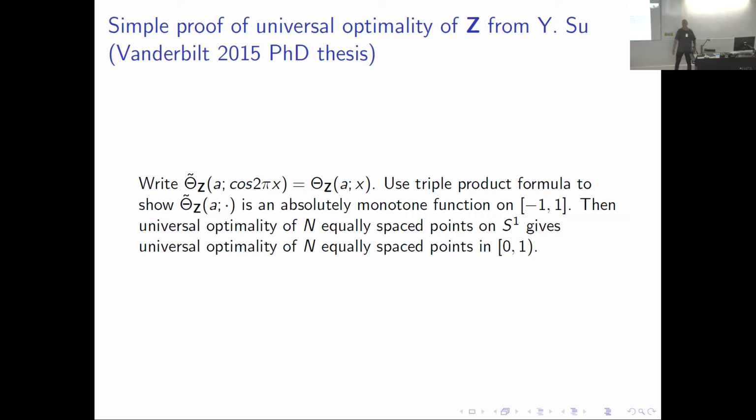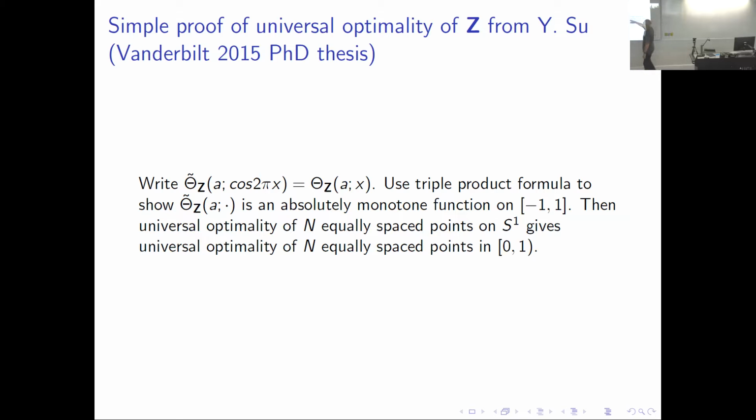To prove that the theta function is absolutely monotone, which means all the derivatives with respect to this variable are non-negative, you can use the triple product formula, and that will show that all these derivatives are positive.